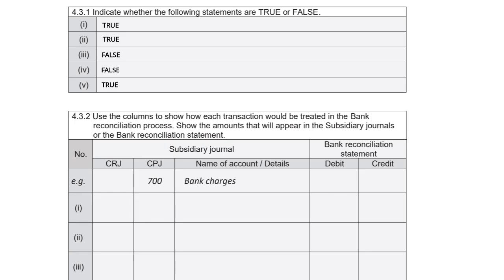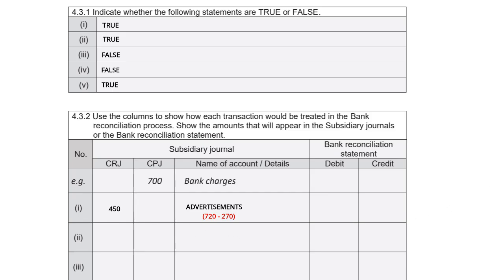So since no error took place on the bank statement, we have to fix the journal. Now instead of paying 270 Rand, we overpaid. We paid 720 Rand. Now we know that the details will be advertisement. The calculation is 720 minus 270, which is a difference of 450 Rand.